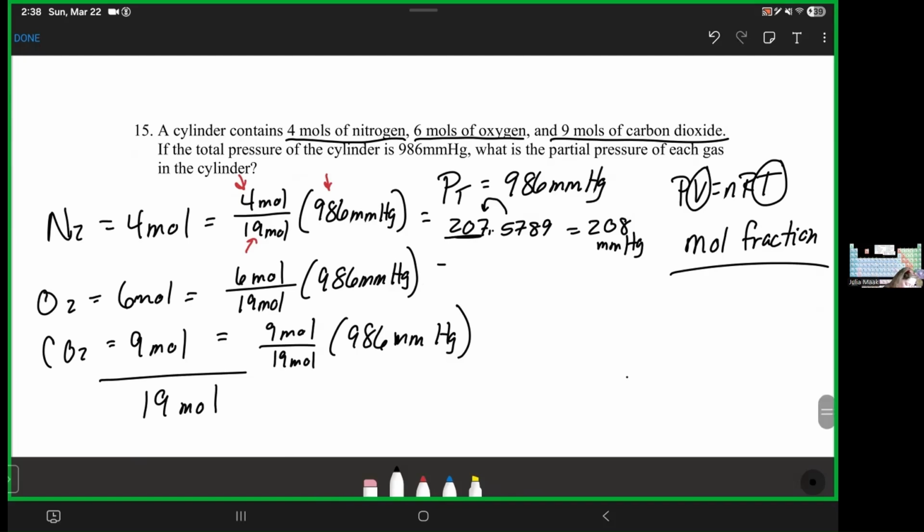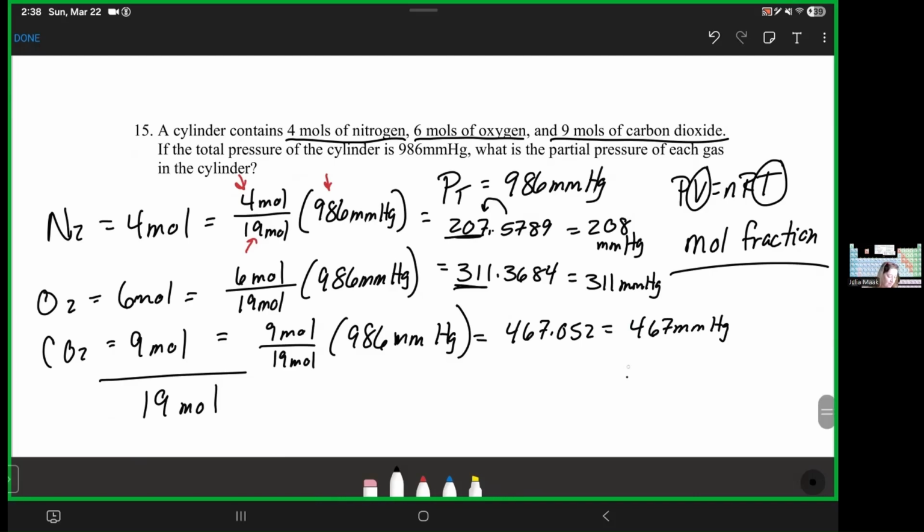Okay, so this one I get 311.3684 and some numbers. Again, 3 sig figs, so that's 311 millimeters of mercury. And then this one, 9 divided by 19 times 986, I get 467.052, 3 sig figs, 467 millimeters of mercury.